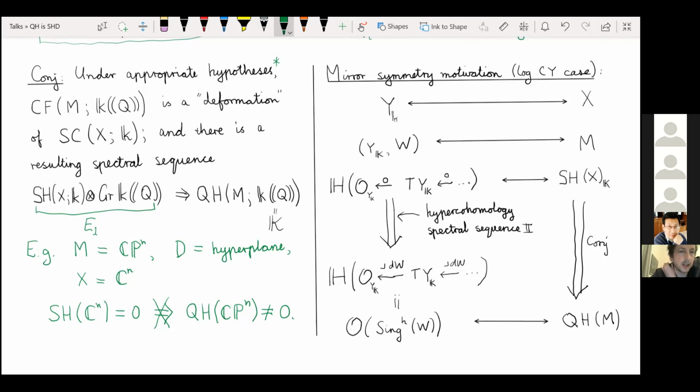Yes, so in the result that we prove, deformation is just in the sense of deformation of cochain complexes, but we strongly expect, and maybe I'll say more about the L infinity version of this, that you can give a geometric interpretation of this Maurer-Cartan element. But that part is not rigorously proved.